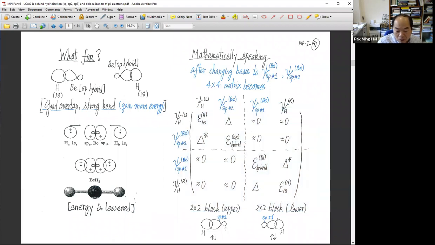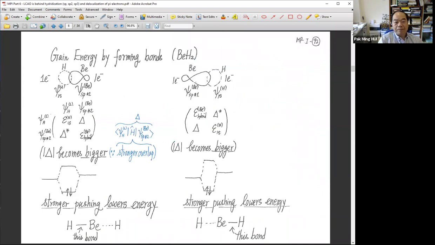And therefore, we know how this thing can be formed, okay? That will be the bond here. This will be the bond here, okay? So, by focusing the wave function, the delta overlap integral will be stronger, and thereby the pushing will be more, lower and higher.